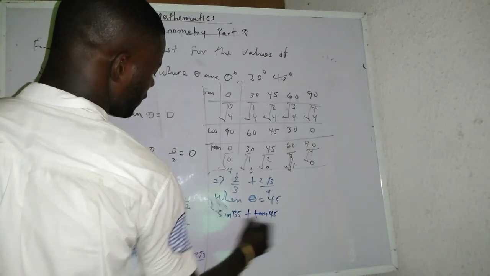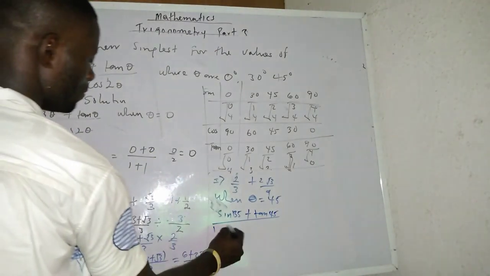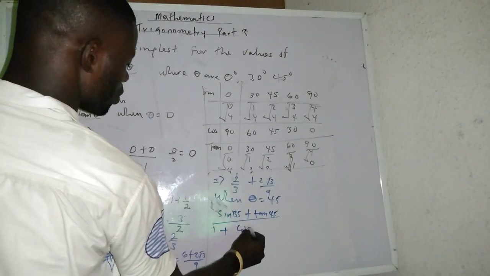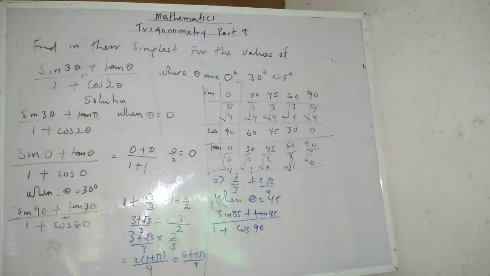Tan 45 divided by 1 plus cos 90, which is when you double it. Now, by so doing that, you will have something like, my tan 45 is 1.